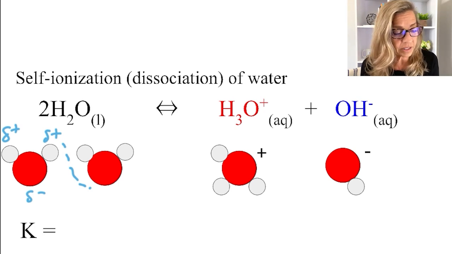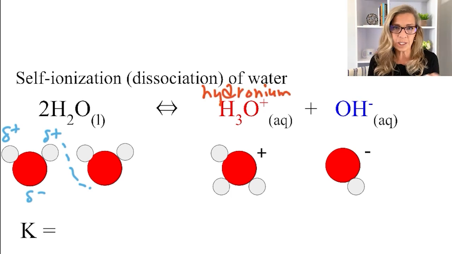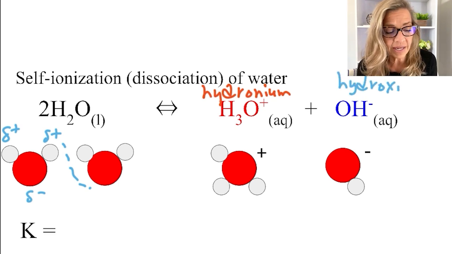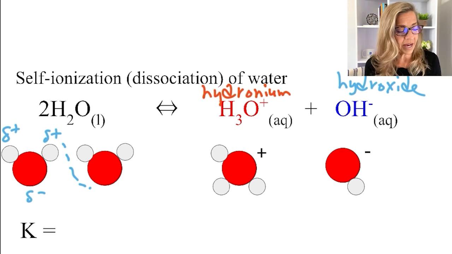And so we make what's called the hydronium ion, and that is basically water with an H plus stuck onto the oxygen end. And then of course what's left over, once you remove that H plus, we have hydroxide. Okay, so this is called the self-ionization of water.